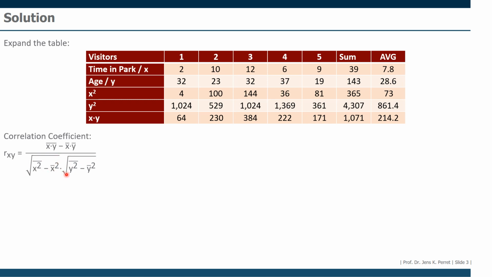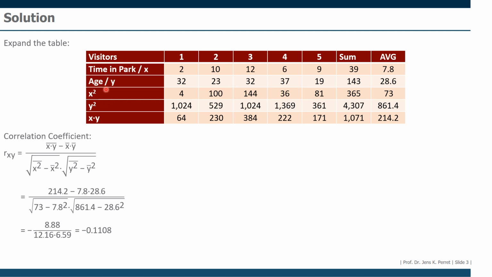I'm doing the same thing for y: the average of y squared, 861.4, minus the average of y, 28.6 to the power of 2, subtract this, get the square root, giving me the standard deviation of y. If I plug in all the values, it looks like this. I put this in my calculator and I get a result of minus 0.1108.